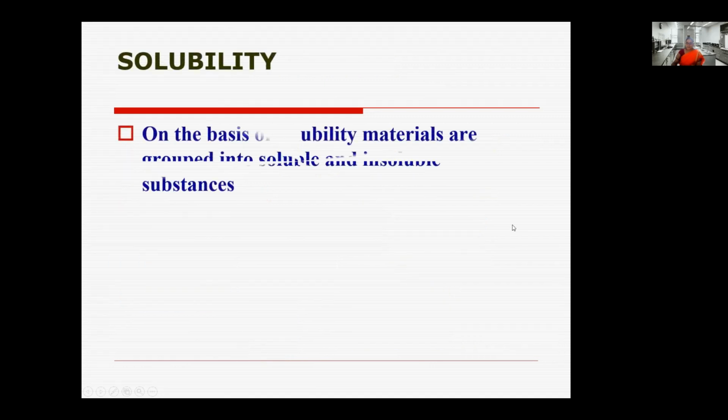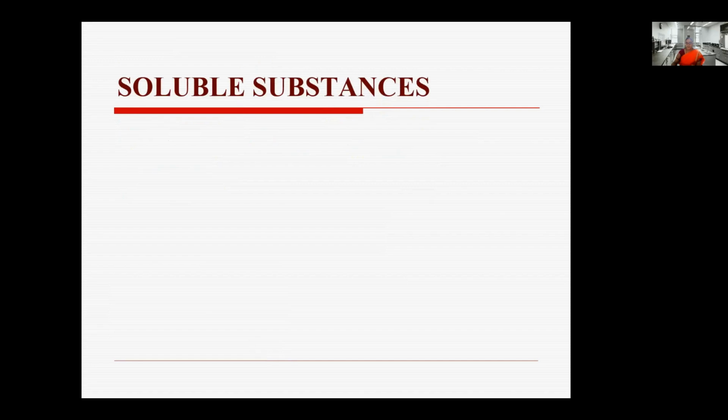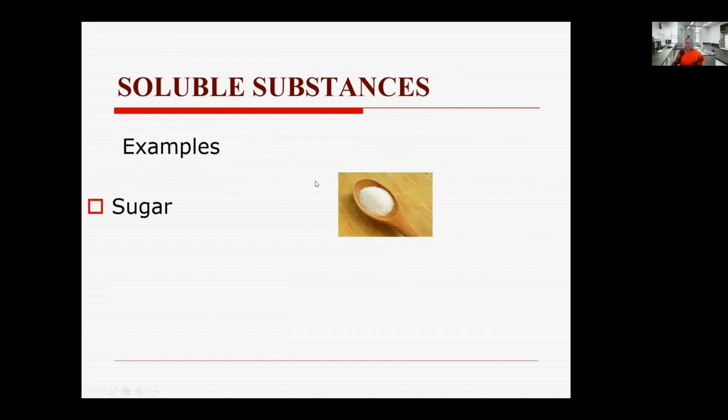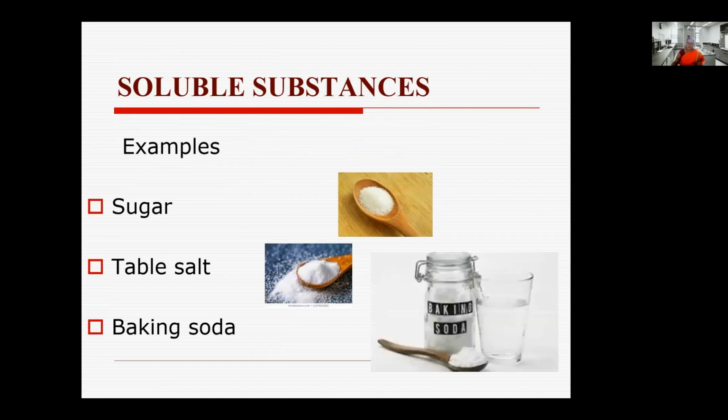Next, solubility. On the basis of solubility, materials are grouped into soluble and insoluble substances. Sugar and water. Soluble substances: what are the soluble substances? The substances which are able to dissolve with another substance, that is, substances which are able to mix with another substance, are called soluble substances. Sugar, table salt, baking soda.